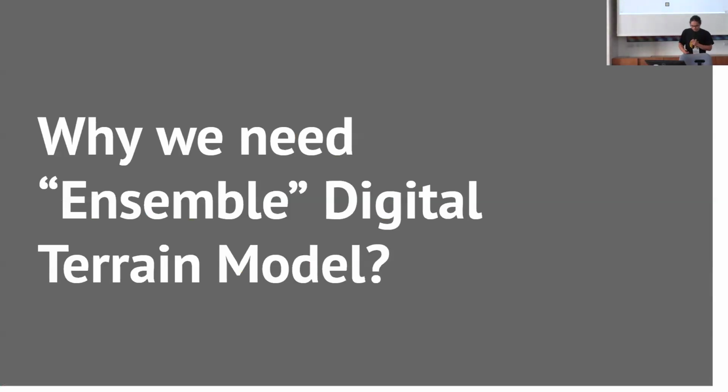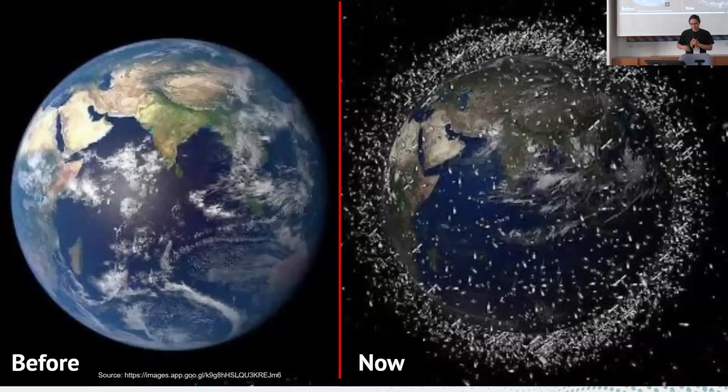And the question is, why do we need an ensemble digital terrain model? What is this ensemble? This is the Earth picture, before and after. Apparently there are a lot of satellites circulating around the whole world, and so much data and information has been collected that needs to be processed to provide useful information for us.